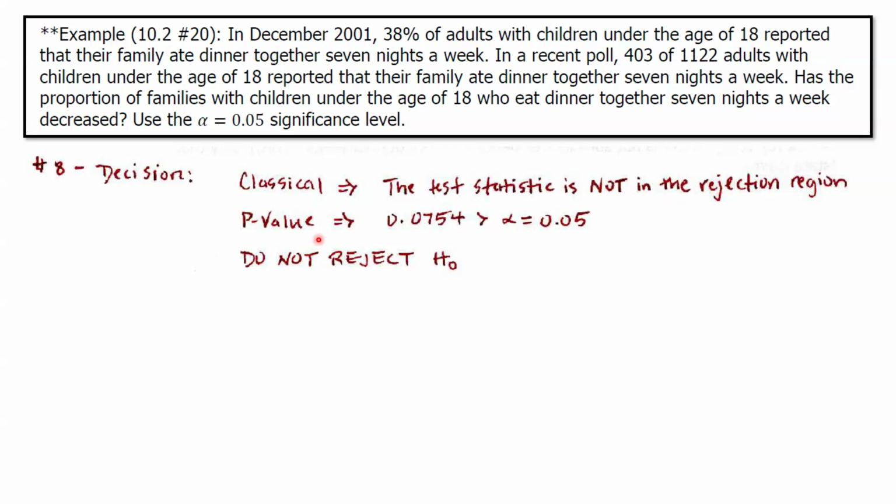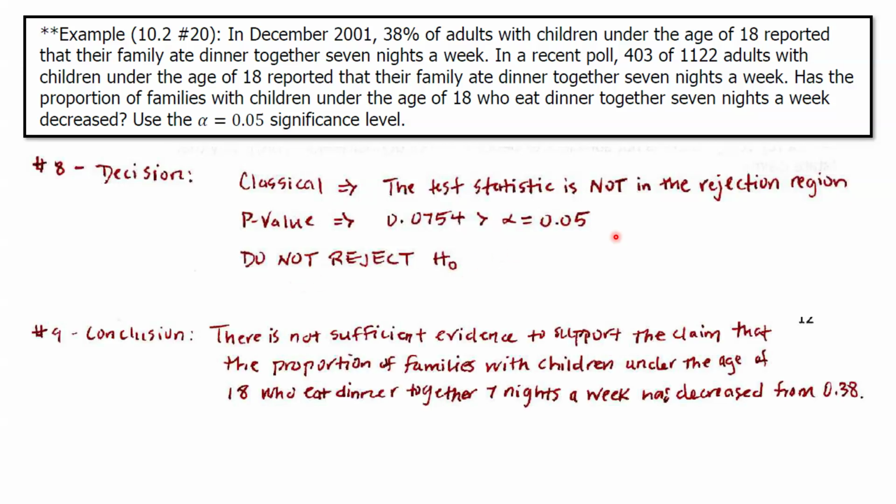And then for our p-value, we take the p-value that we found using the one prop Z test, and we compare it to alpha, which is 0.05. Our p-value is greater than alpha, so we know then that we do not reject the null.